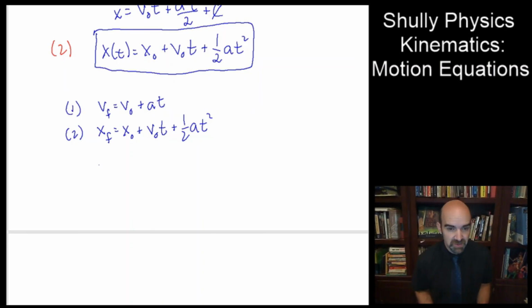So if I take equation 1 and rewrite it, vf minus v0, we're going to bring the v0 over to the other side, and we'd have to divide by a. We're going to take this expression, plug it in up here.